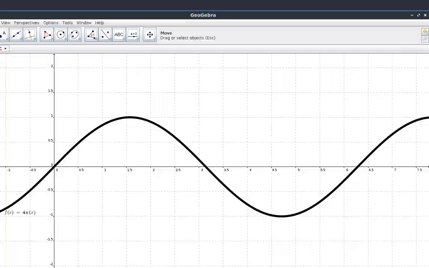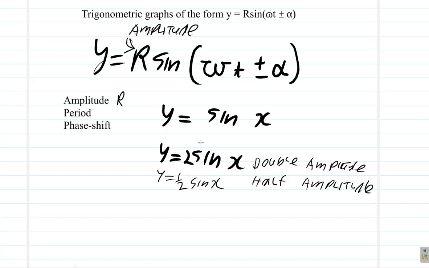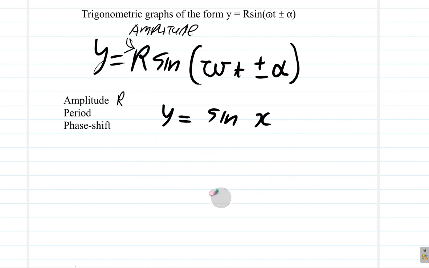Now here, when you have y equals sine x, let me erase some of what we did earlier. This is y equals sine of 1x. That's what it means.